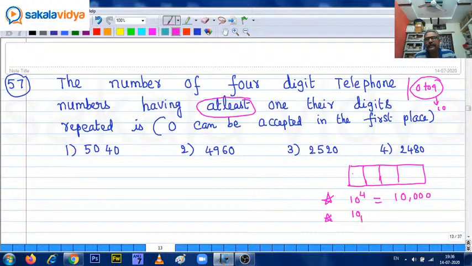Without repetition is 10P4, so 4 places are to be filled: 10 into 9 into 8 into 7, that is 5040.